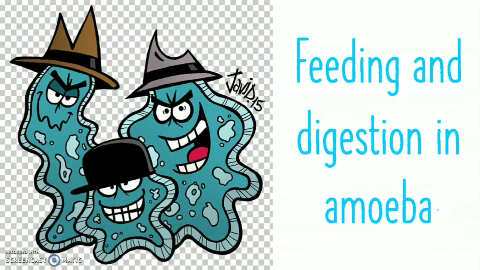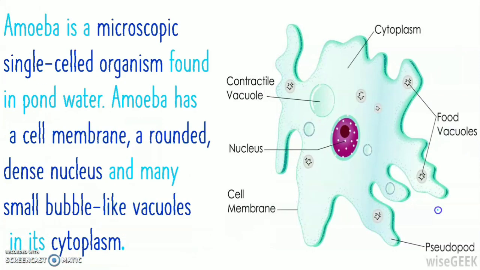So now we're going to talk about the feeding and digestion in amoeba. So amoeba is a microscopic single-celled organism. So this microscopic organism only has one cell, and it is found in pond water.